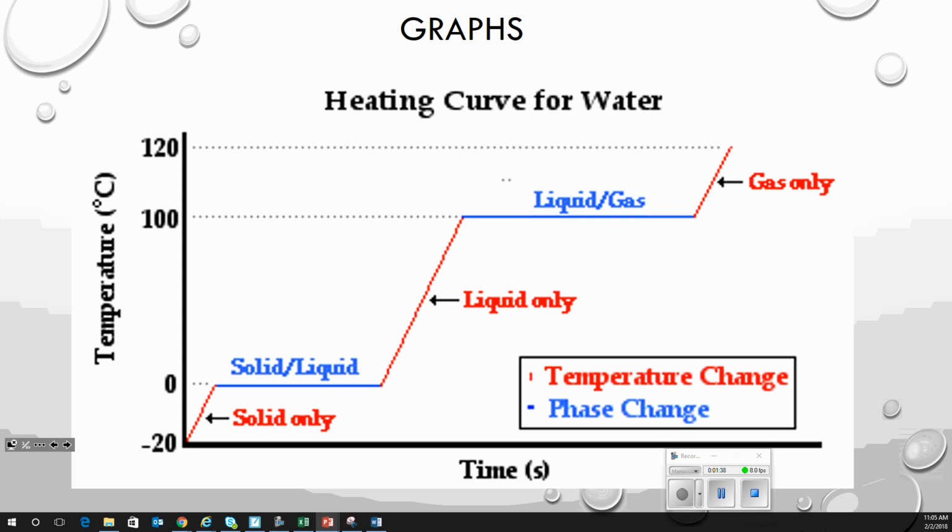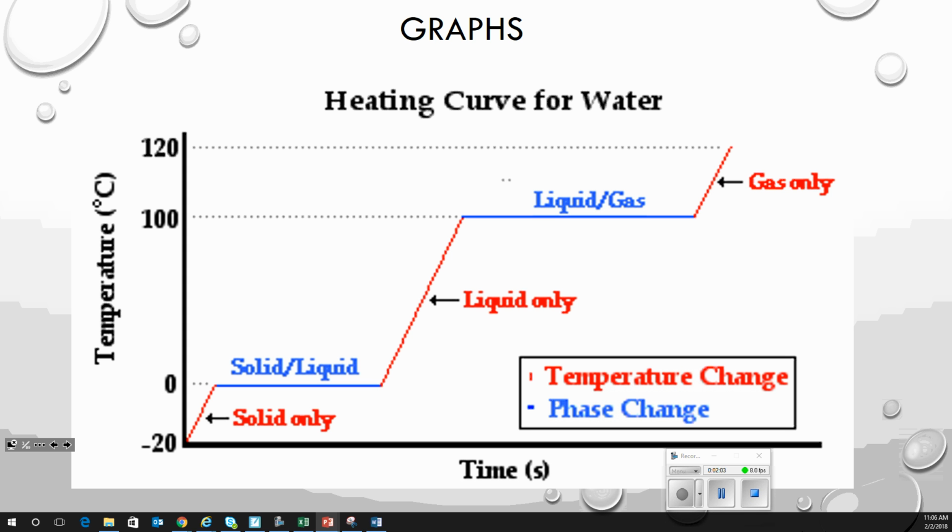So as you're looking at your heat curve here, these are the parts of the heat curve that you need to know. The red parts are where we are heating a phase. The bottom one is when we're heating a solid. The middle one is when we're heating a liquid. And the last one on the right is when we're heating a gas. The flat lines, the blue lines up there, are where we're changing phases.